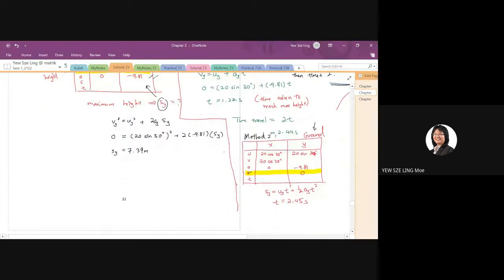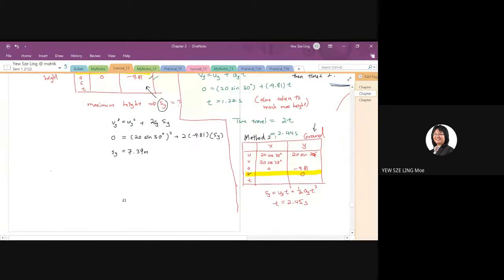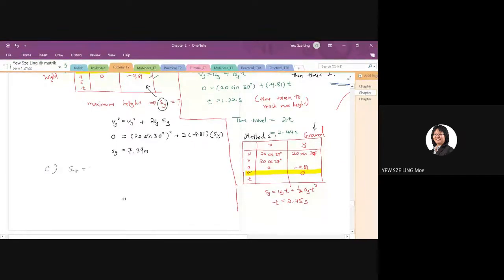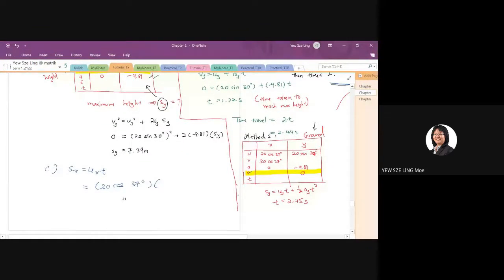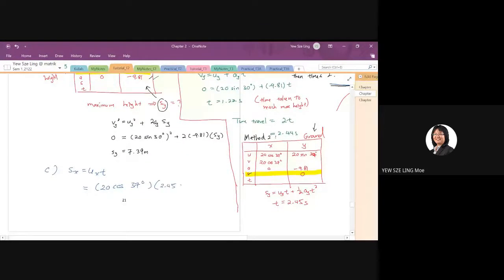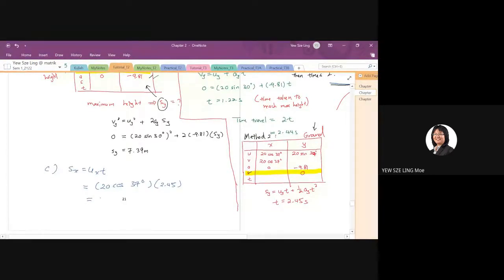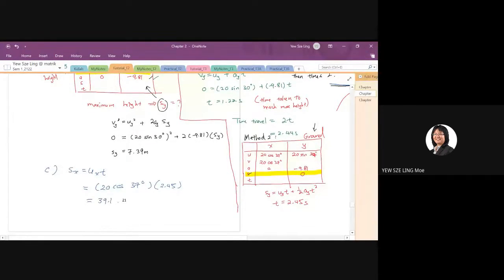So Sx is equal to Uxt, where this T must be coming from question 2. Ux is 20 cos 37 degrees, and the time is 2.45. Straight away you get the answer, which is 39.1 meter.